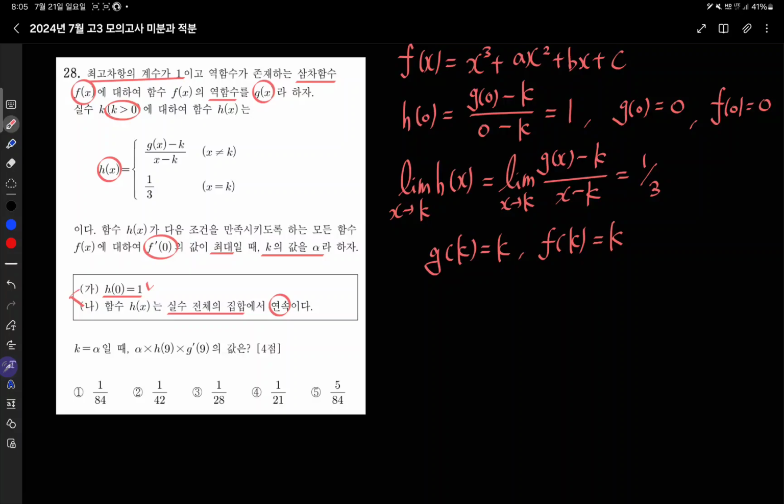And by the definition, g prime of k is equal to 1/3. And because f and g are inverses, their derivatives are reciprocal. So that means f prime of k is equal to 3.